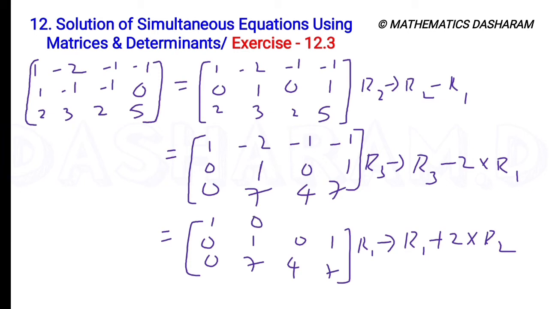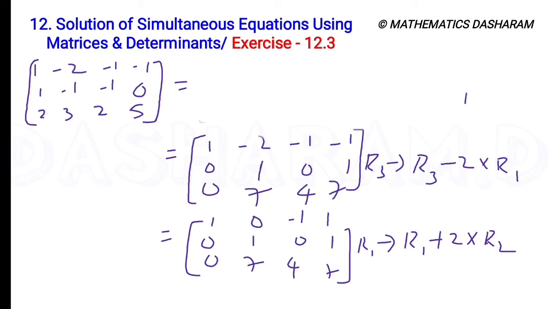Next similarly, here minus 1. Next minus 1 plus 2 into 1 is plus 1. So next we need 0 at this place. So I will rub this one. Yeah. So now what I am writing: 1 0 minus 1 1, 0 1 0 1.